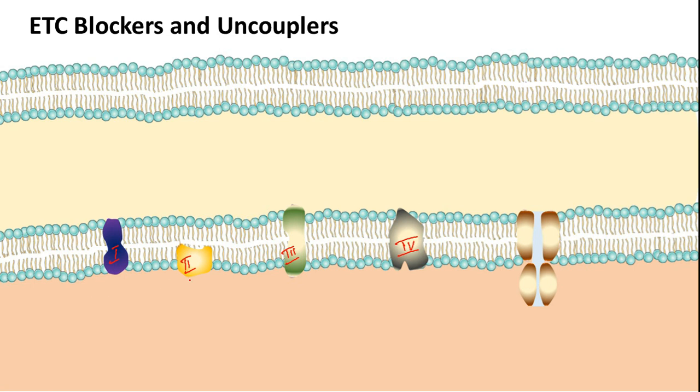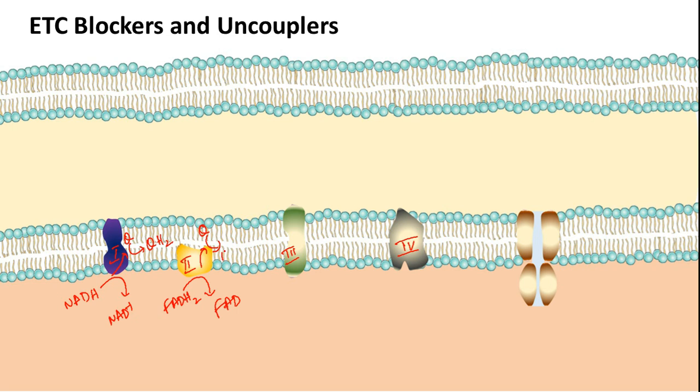In complex 1 and complex 2 oxidation happens: reducing cofactors like NADH are converted to NAD plus, and FADH2 is converted to FAD. The electrons captured are transferred onto ubiquinone, so that ubiquinone becomes ubiquinol.